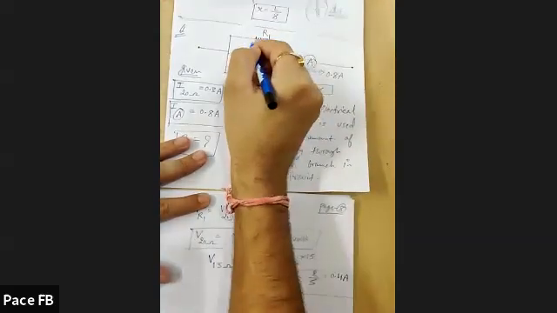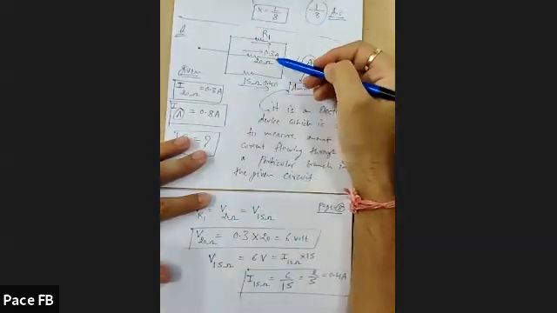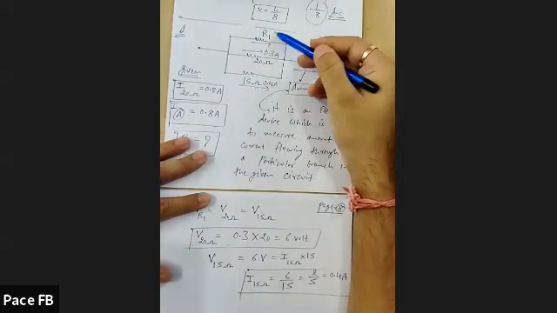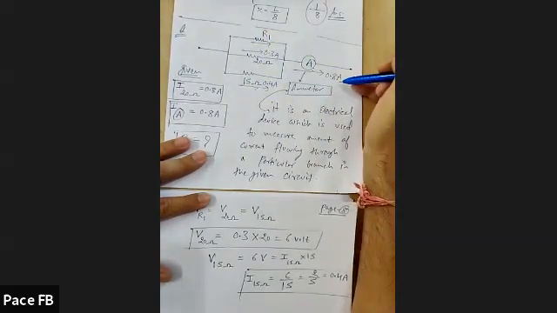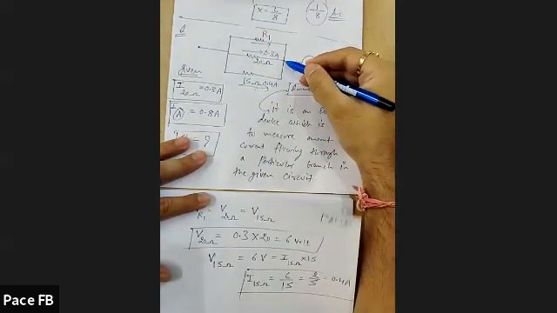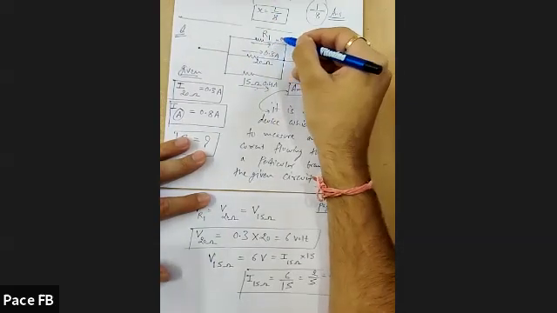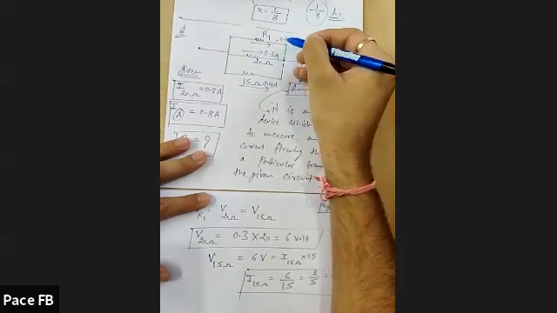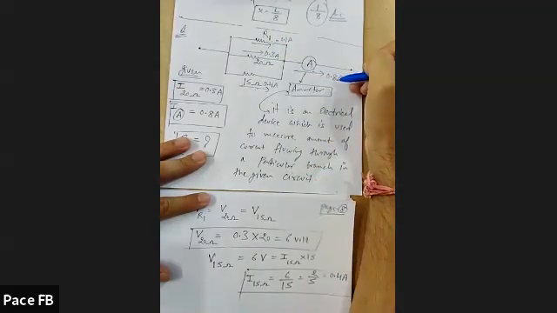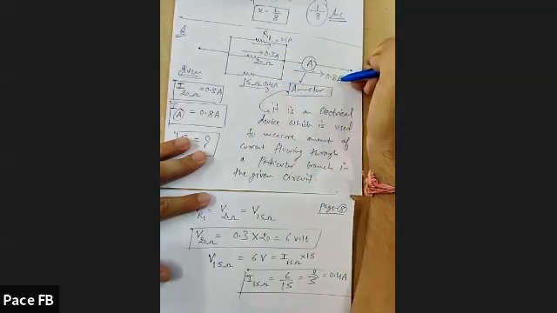The addition of all the currents should be equal to 0.8, because this is the junction. So the current passing through R1 would be 0.1 ampere, and when you add all these three values, 0.1, 0.3, 0.4, it comes out to be 0.8.